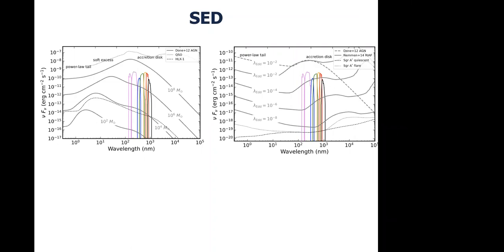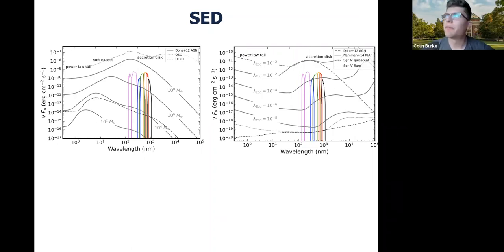Yeah, certainly. If I understand the question correctly, maybe I'll talk about this slide. On the left here are the SED models we've used. This Done 2012 model has a color temperature correction where at lower masses the temperature changes and the SED shifts into the UV, extreme UV.